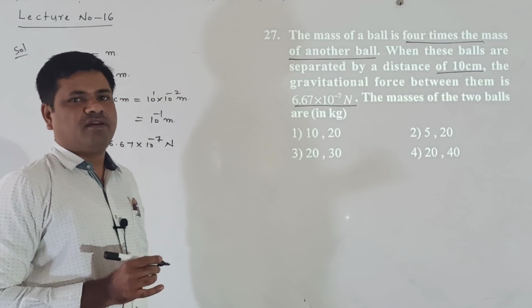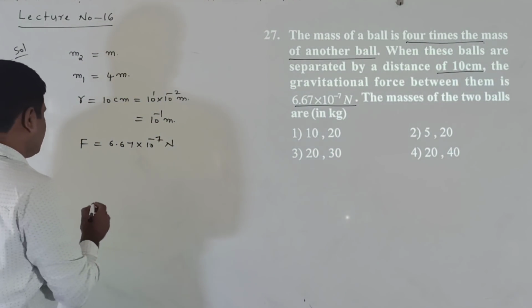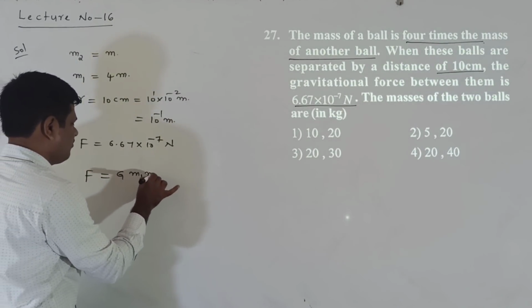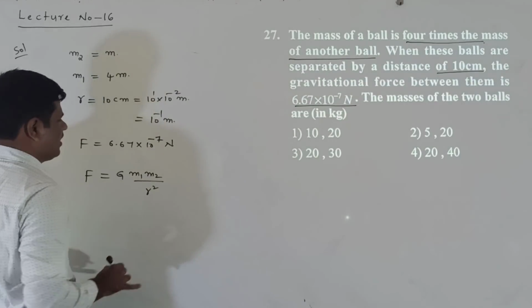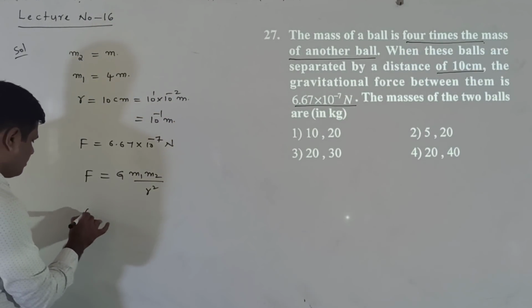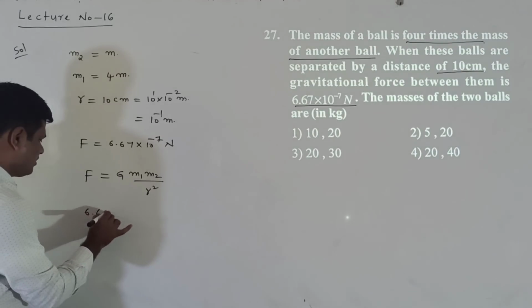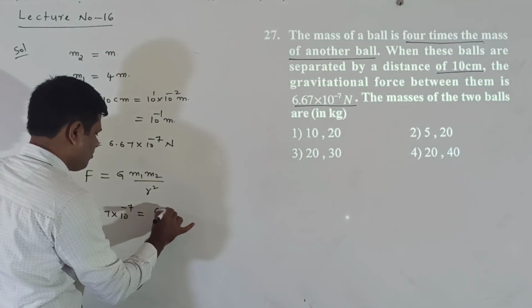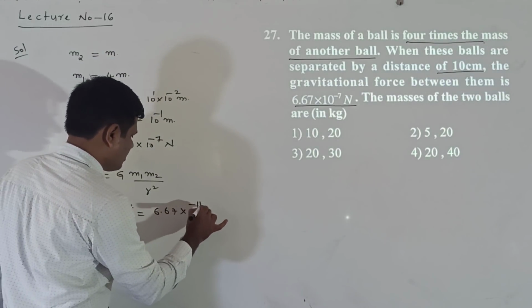Now the force formula is F is equal to G m1 m2 by r square. Force value is 6.67 into 10 power of minus 7, and G is 6.67 into 10 power of minus 11, the standard value.